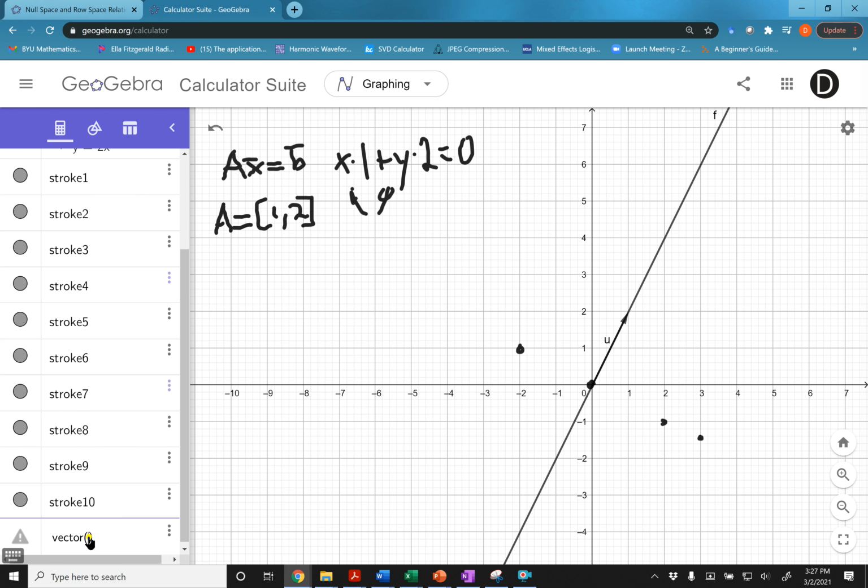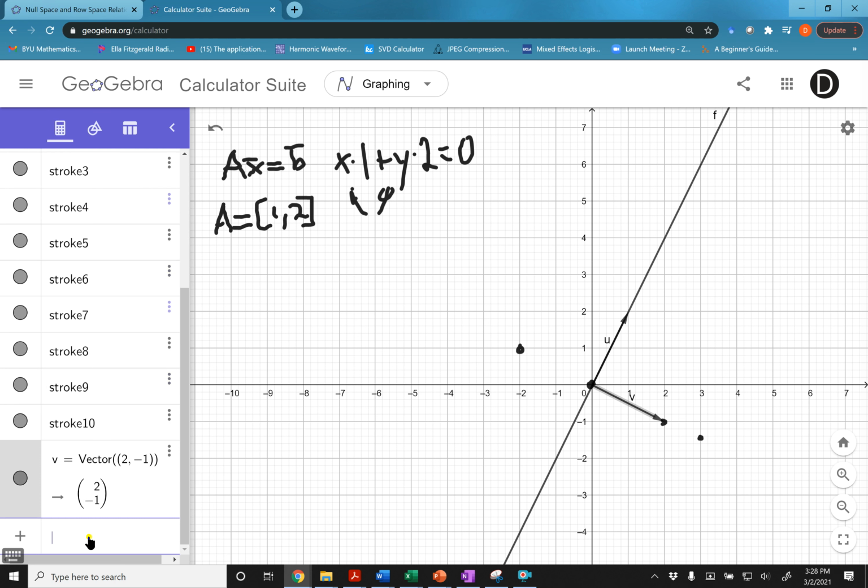Let me put a vector on there. So let's do 2 comma negative 1. I'll take that as my vector.